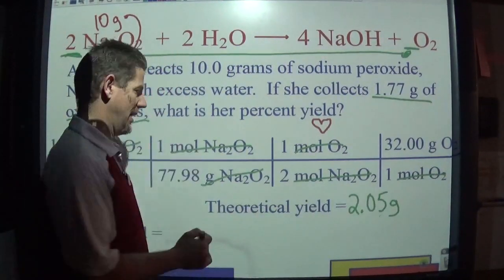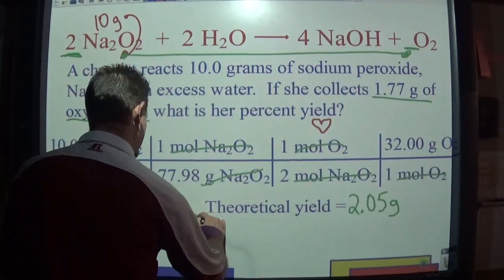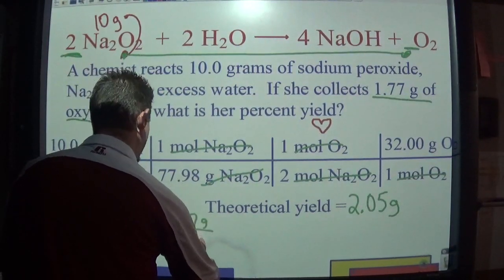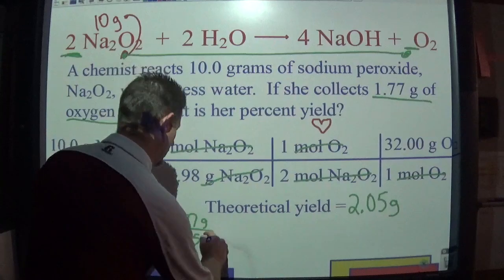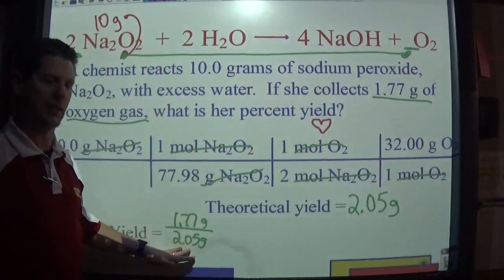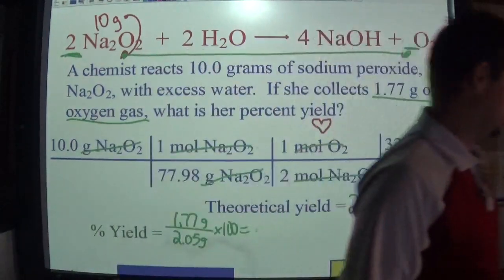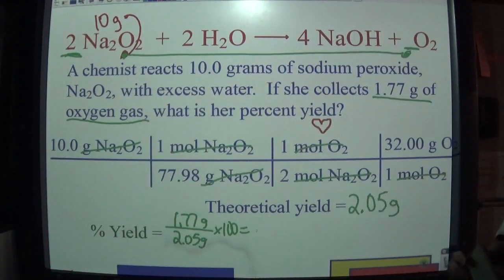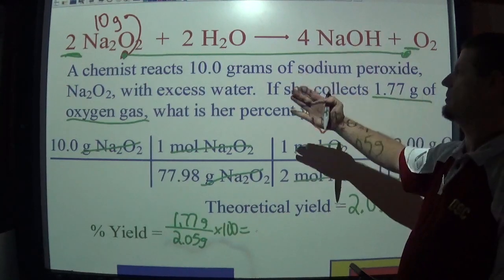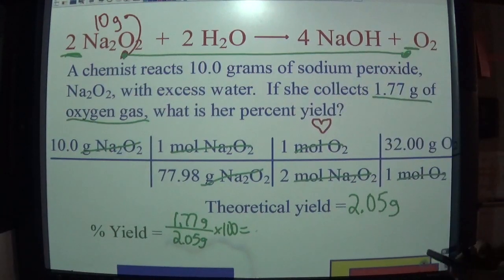What percentage does she have? So we take the 1.77 grams divided by the 2.05 grams that she should get. This is going to give me a decimal, so I multiply that by 100 to find our percent yield. Again, this is the percent yield, not the number of grams of oxygen produced. It's the percent. So 1.77 divided by 2.05 times 100 is 86.3%.